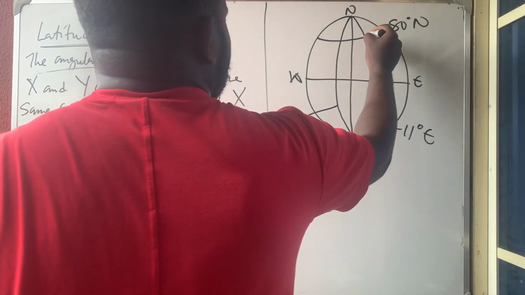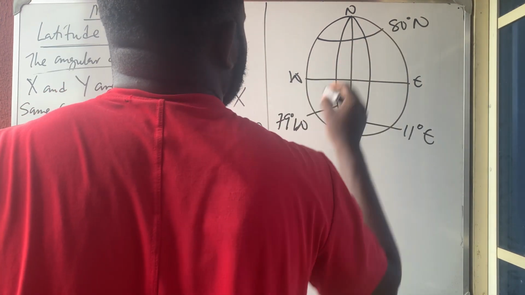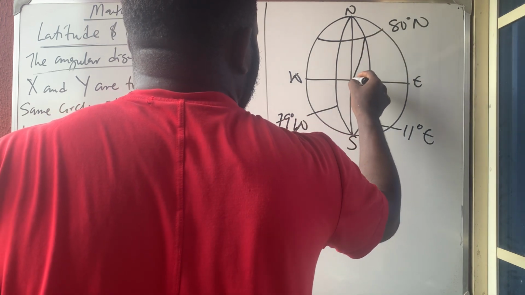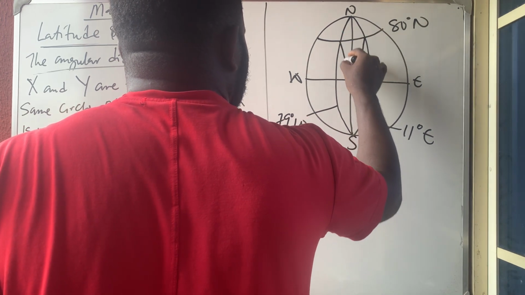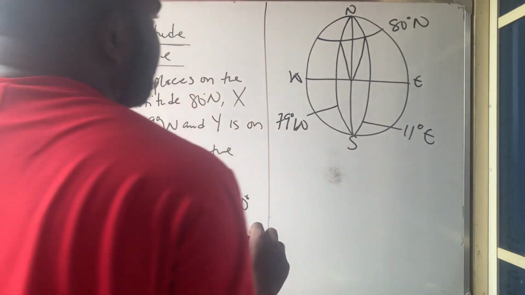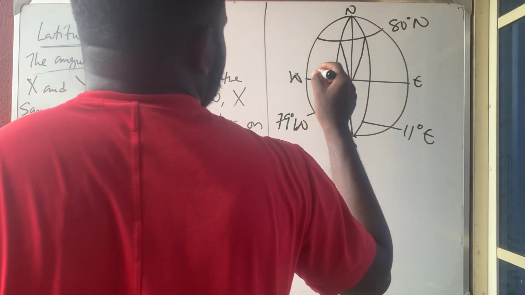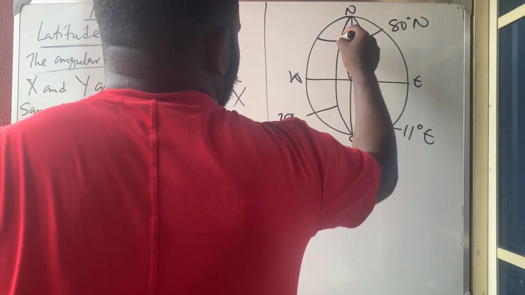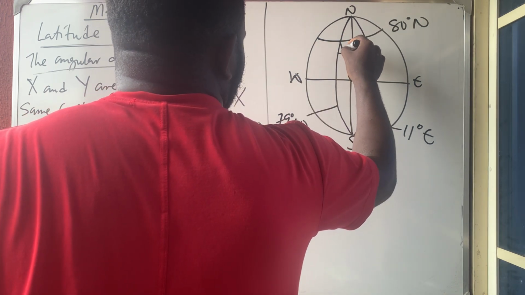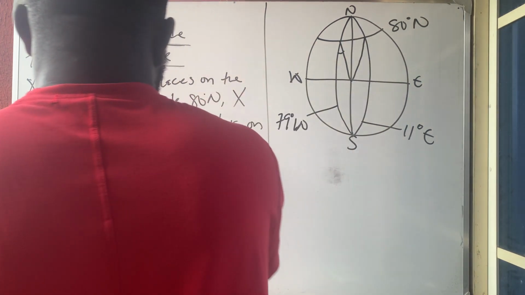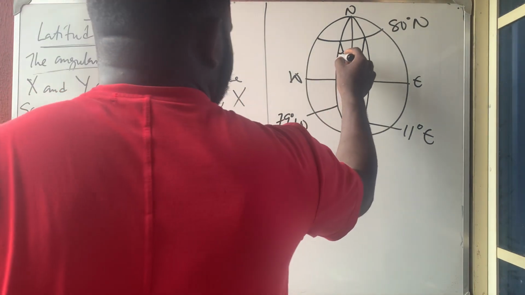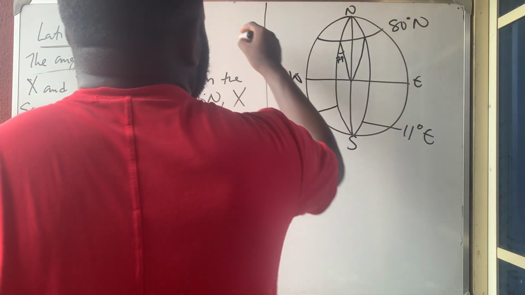So this is the meeting point, and then you trace it to the center. Now the angle between them is here and here. So how do we get that? This is the angle. This angle is 79, and the alternate angle will give you that.